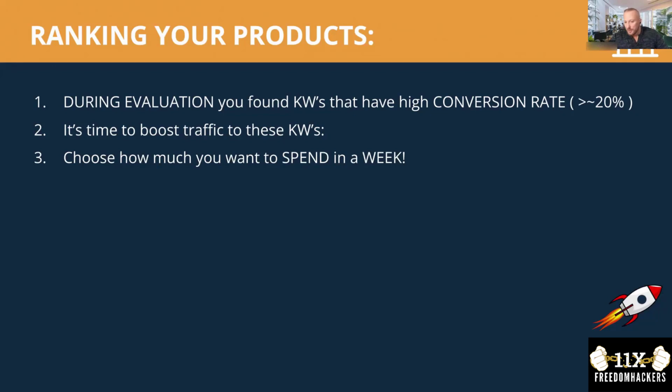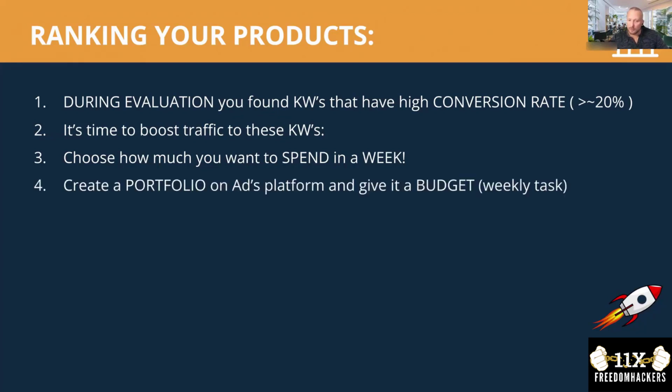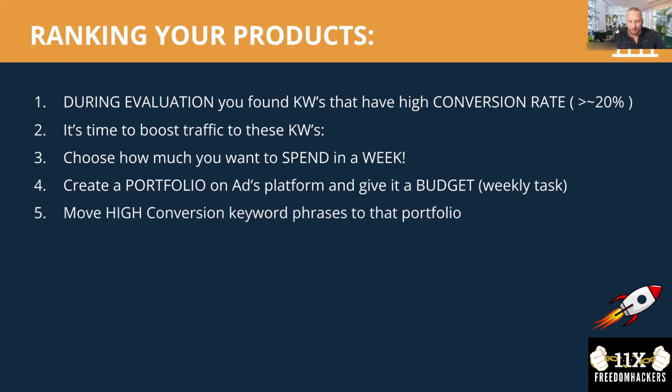So you have to decide, okay, let me spend $200 on the ranking of that keyword for the next one week. And then you create a portfolio in the ads platform and give it a budget. You can make a ranking portfolio, whatever, product name ranking portfolio, and you put $200 there. And now you dump that keyword, that exact match campaign, there.